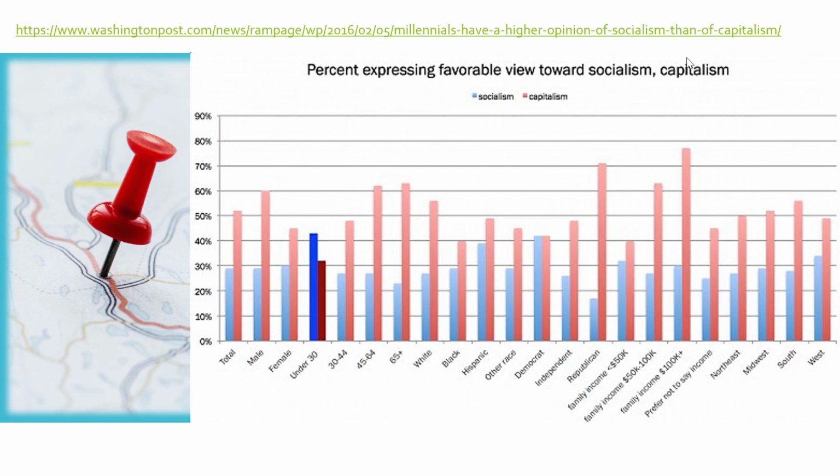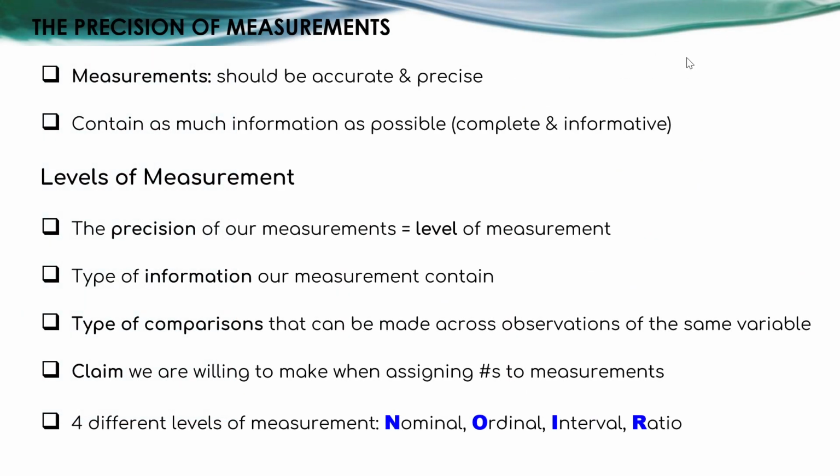So if you look at the numbers, again, do young people know what socialism is, or are they just disillusioned with capitalism? So again, we have to think about threats to reliability.